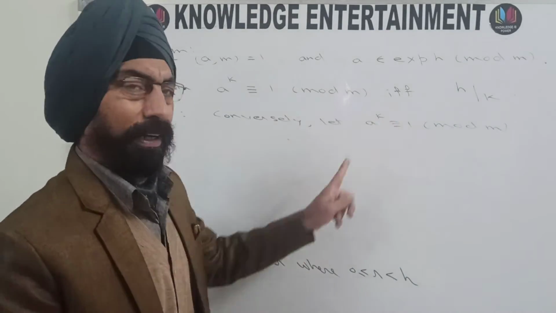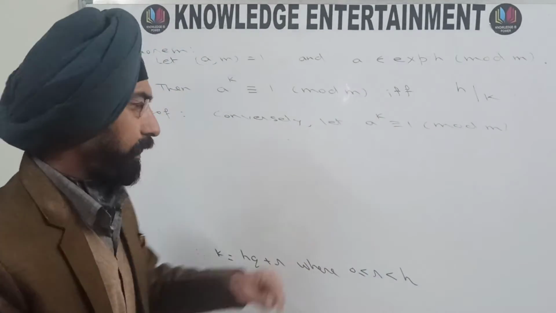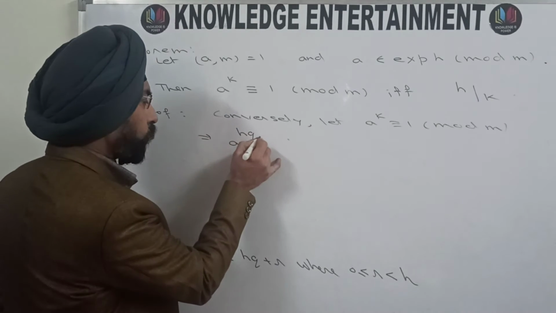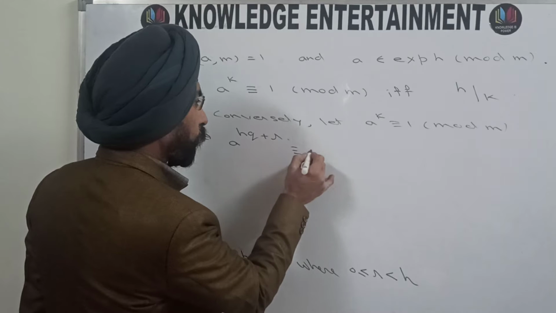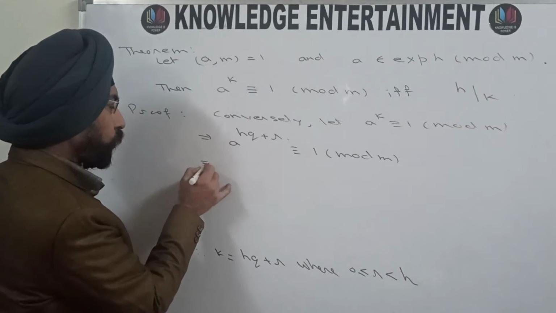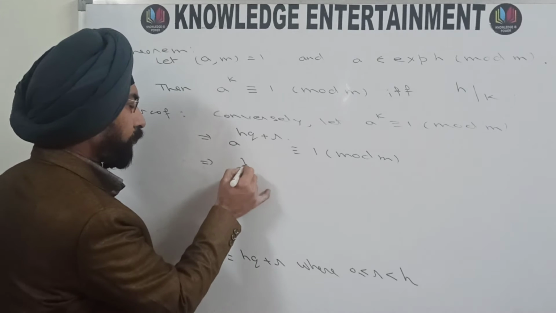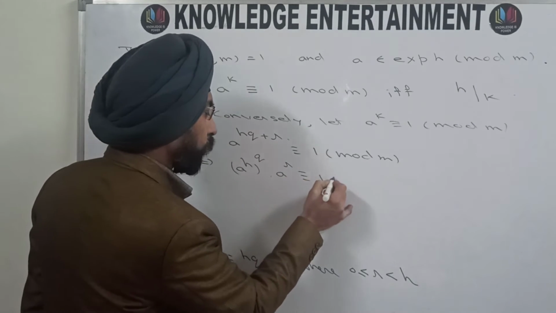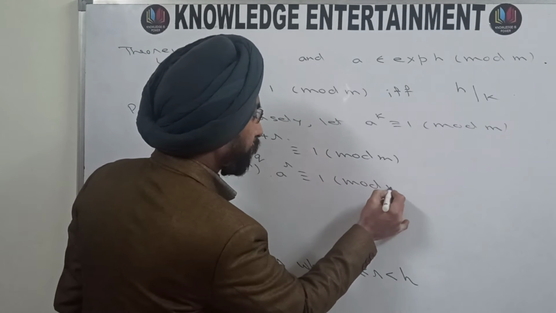So substituting the value of k, what you get is a raised to the power hq plus r is congruent to 1 modulo m. And you can write it as a raised to the power h, raised to the power q, into a raised to the power r, congruent to 1 modulo m.